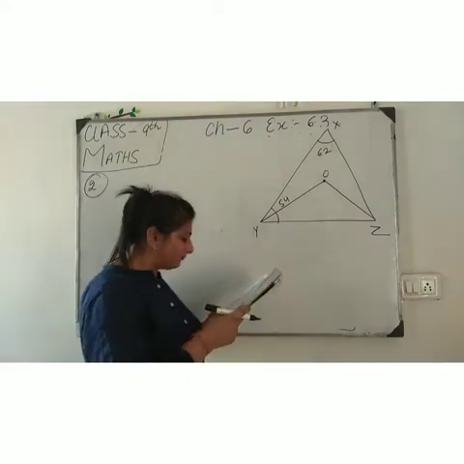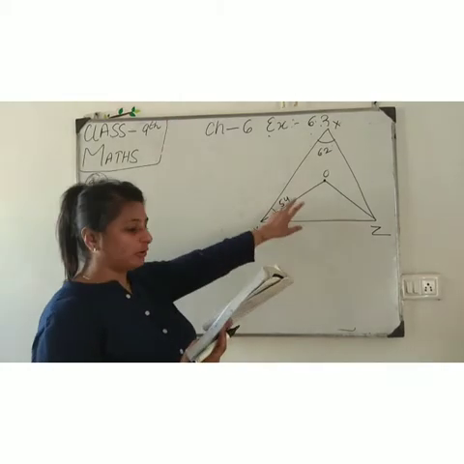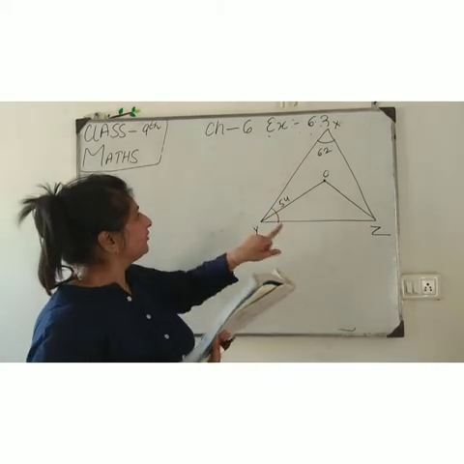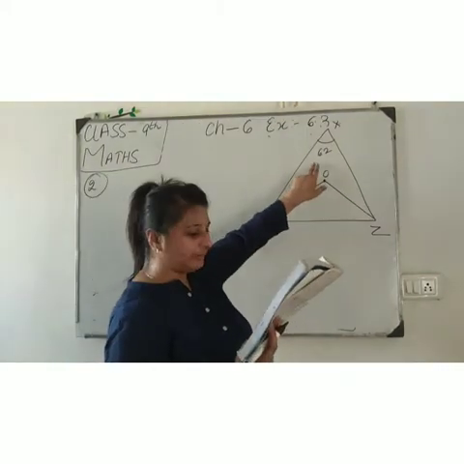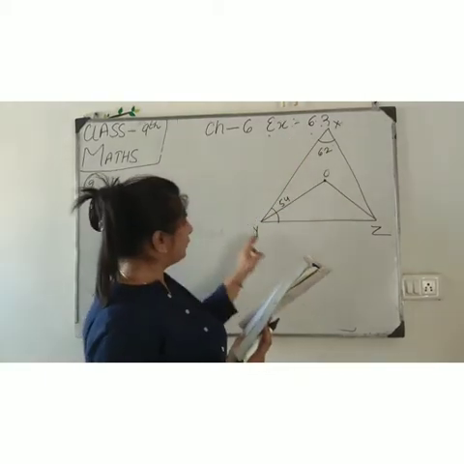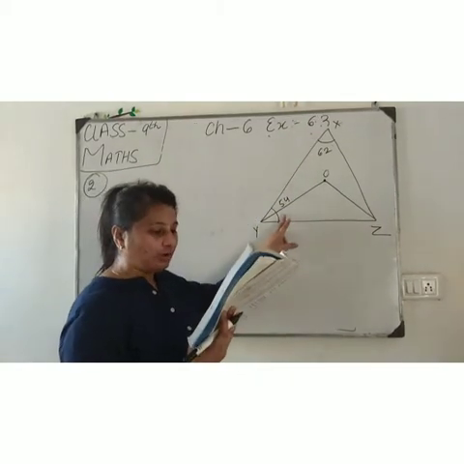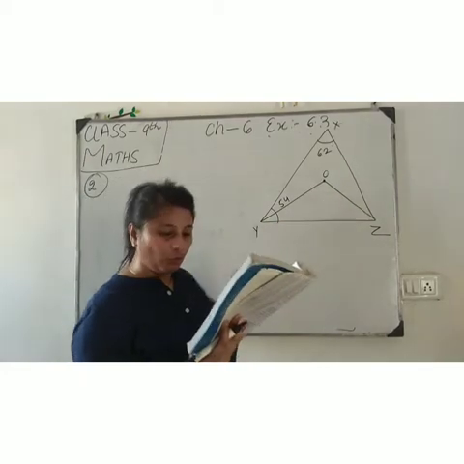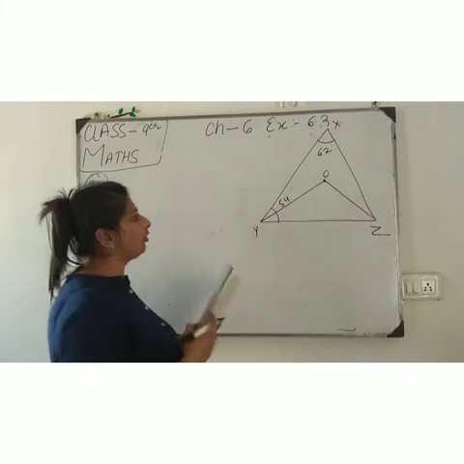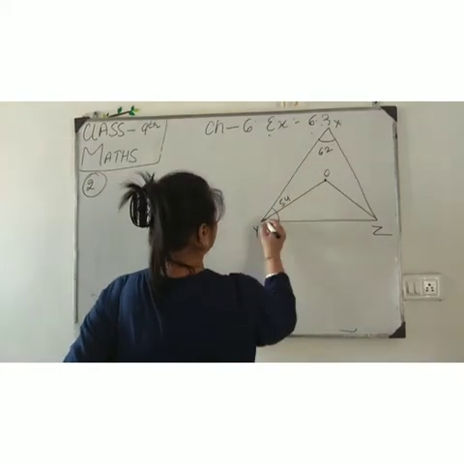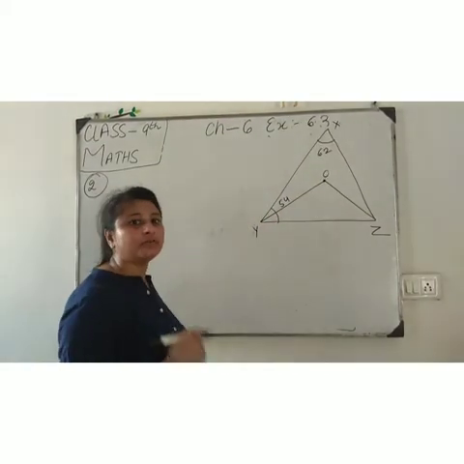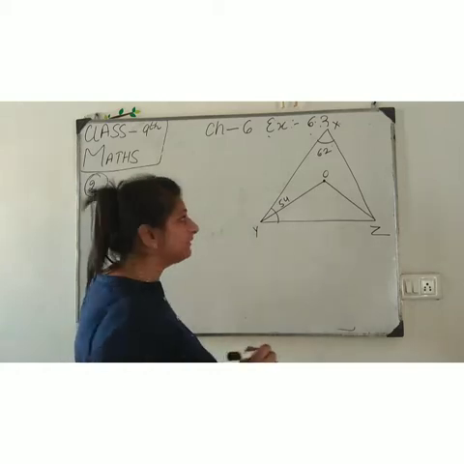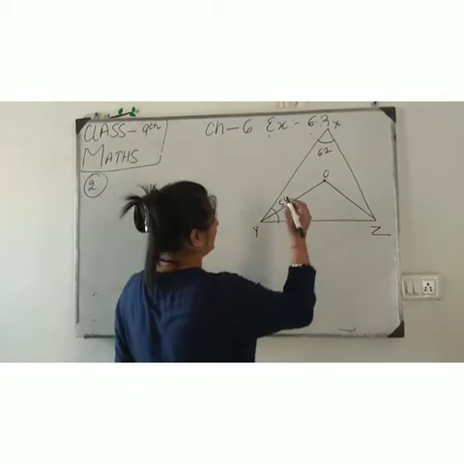Question number 2. In figure 6.40 we already draw angle X 62, angle XYZ 54, YO and ZO are the bisectors of angles XYZ. What is the meaning of bisector? Bisector meaning is it divides into equal parts.